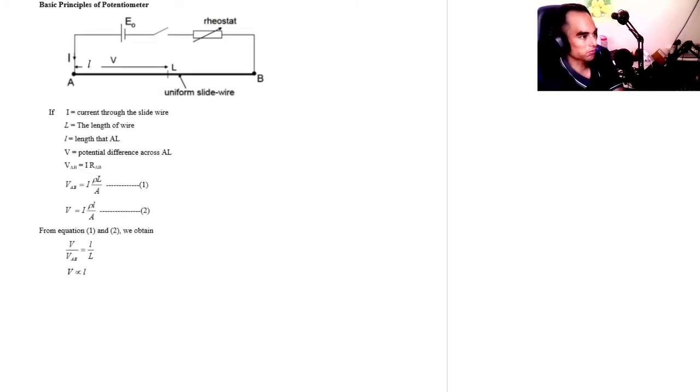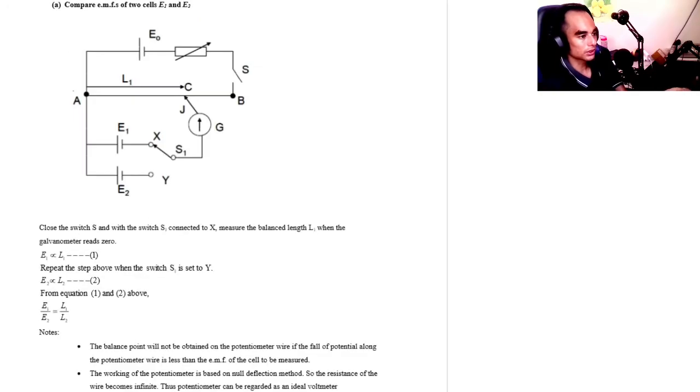Actually, if you want detail about potentiometer, it has a lot of situations, either you have a resistor down there, or two resistors over here, and then you have a switch. There's a lot to talk about, but this one has been discussed before with you.